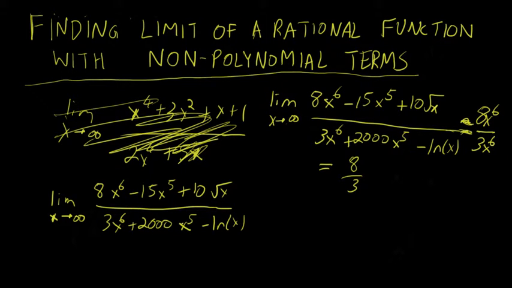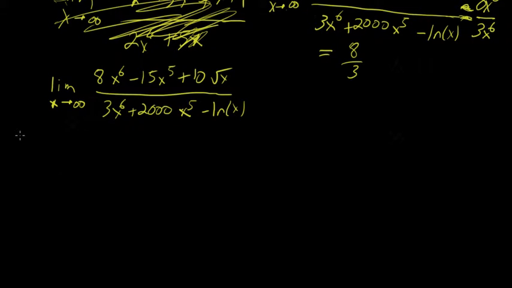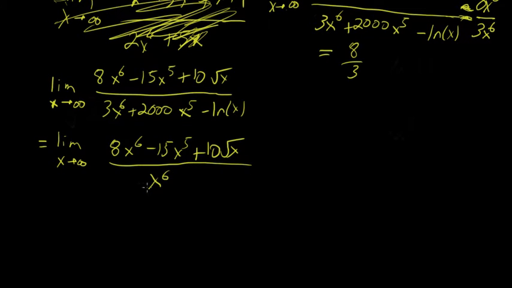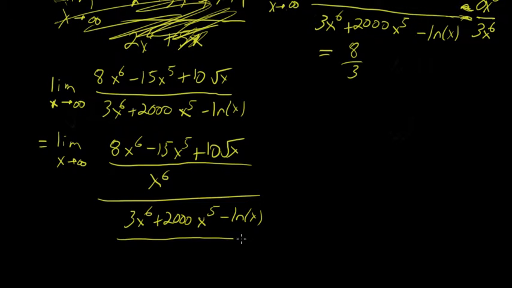So we are going to be dividing both numerator and denominator by x to the 6th. So 8x to the 6th minus 15x to the 5th plus 10 root x, we divide this whole thing by x to the 6th. Denominator 3x to the 6th plus 2000x to the 5th minus ln of x, divide that by x to the 6th as well.